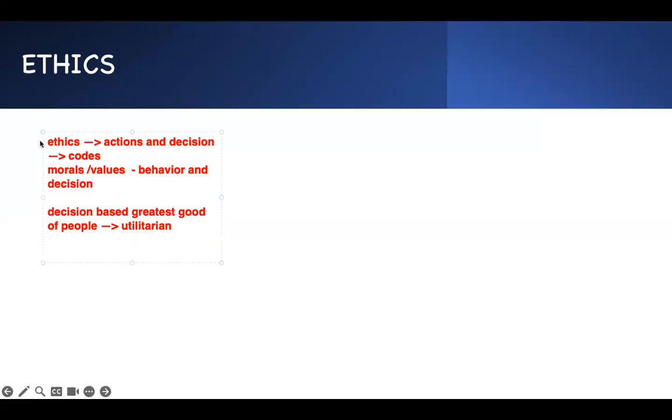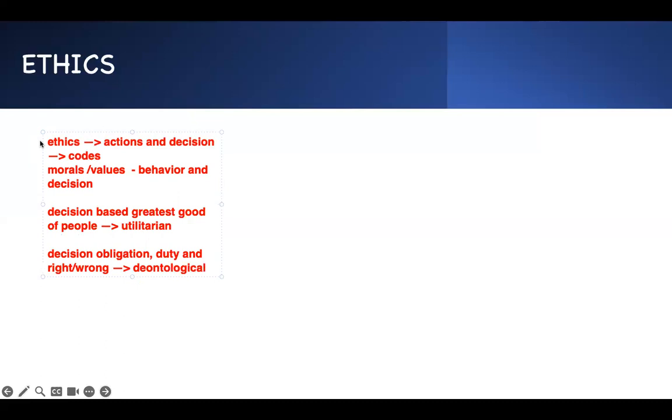If you make a decision based on some obligation or some duty, and right or wrong that you have, then you're doing deontological thinking, okay?